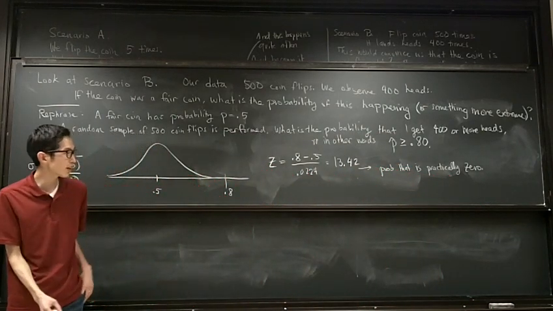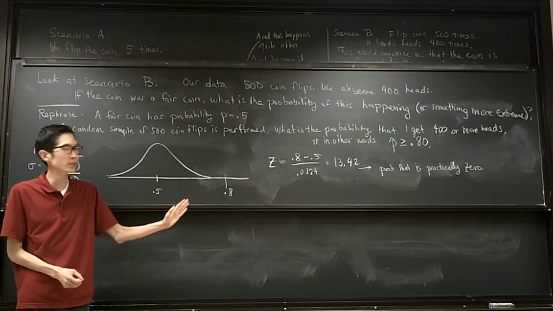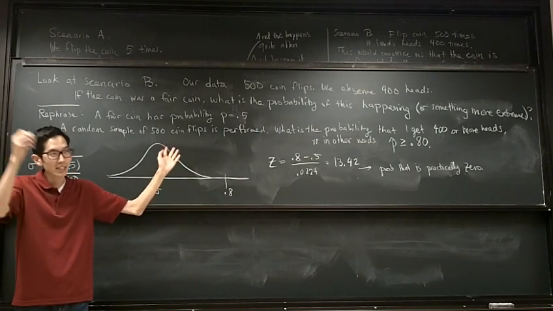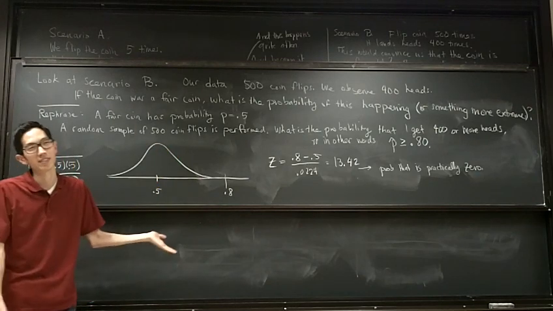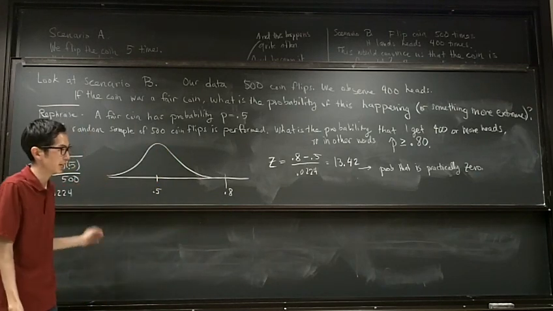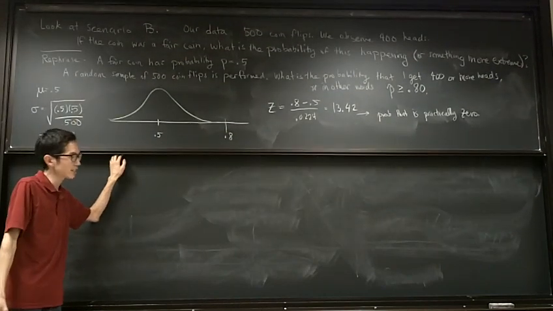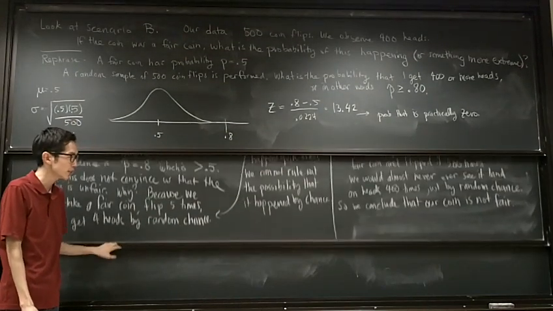I mean, for all intents and purposes, the probability is 0, okay? But I guess we could imagine a universe where it might happen, but practically it would never happen.